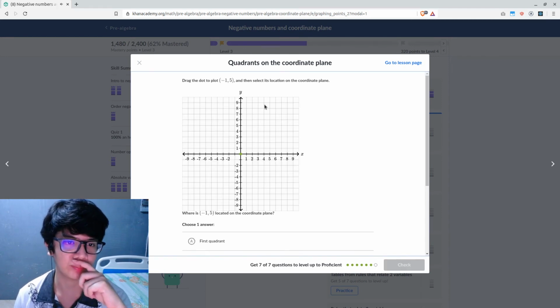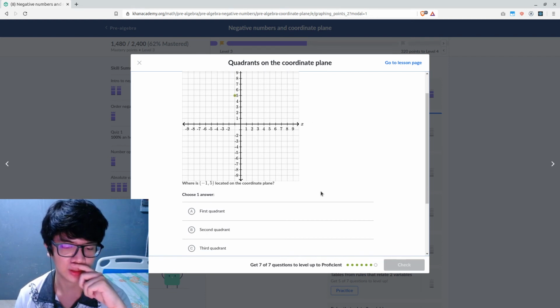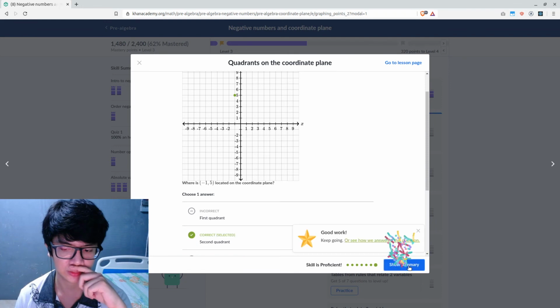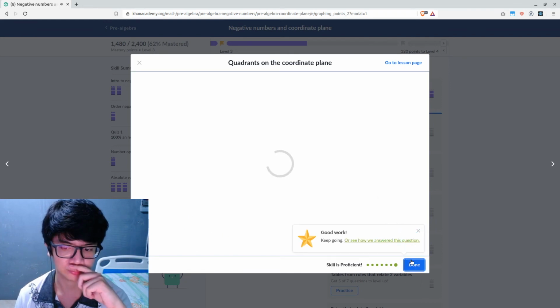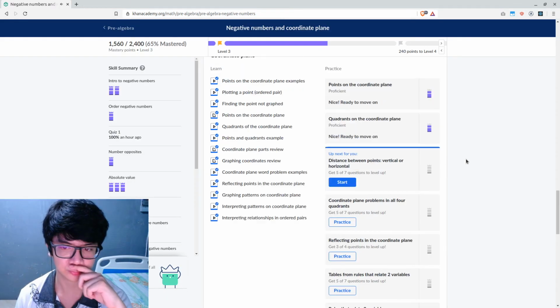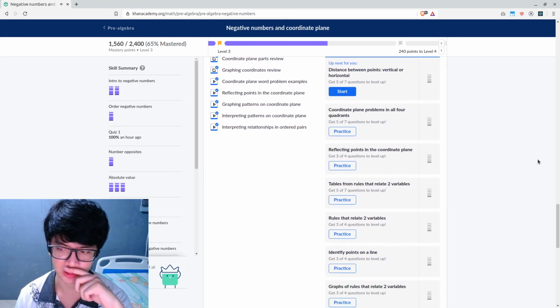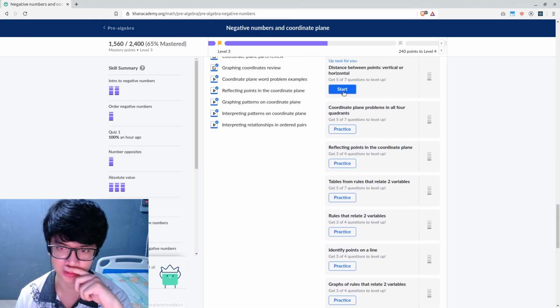Drag the dot to plot -1, positive 5. It's in the second quadrant. Gosh, there's a lot. Oh my god, it's insane.